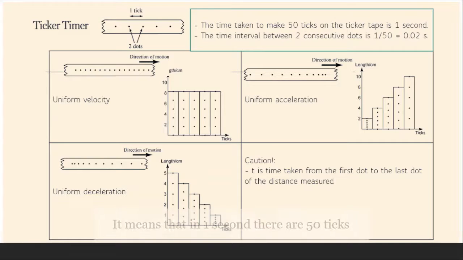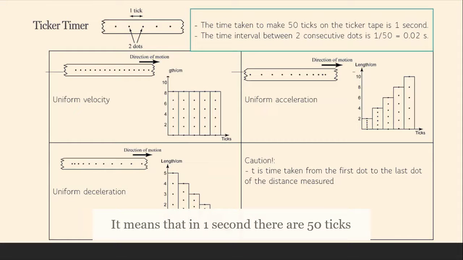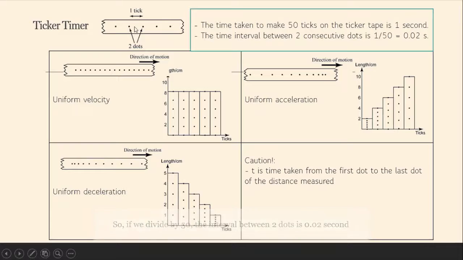That means in 1 second, there are already 50 dots, 50 ticks. So if we divide by 50, we get that the interval between two dots is 0.02 seconds. So we can use this to determine the velocity and acceleration.